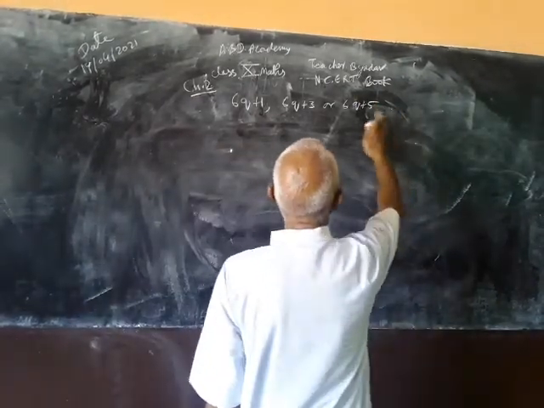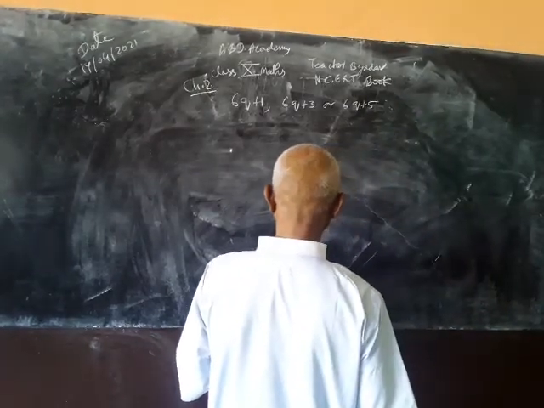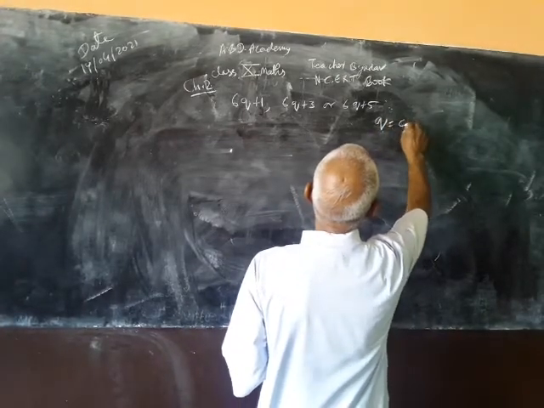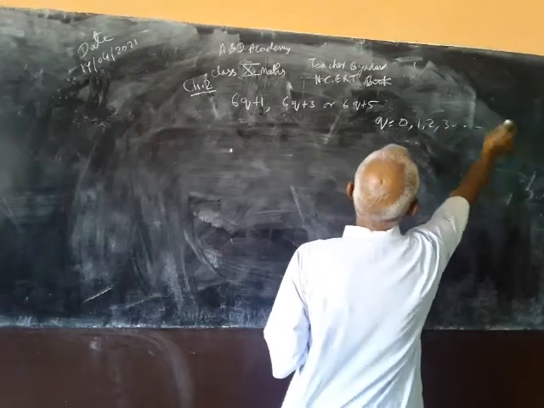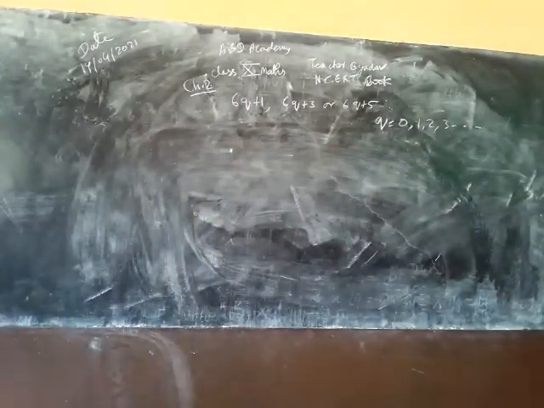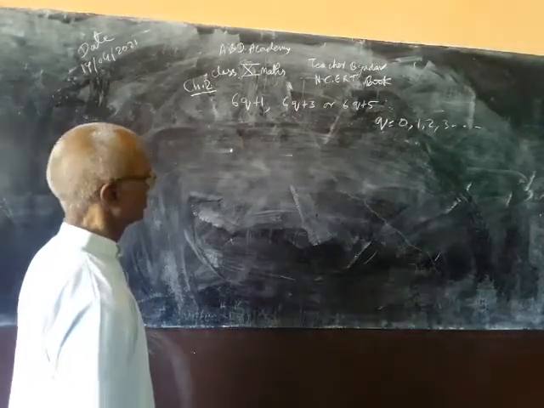It may be 0, 1, 2, 3, or any number. A general number can also be taken, but I am taking examples 1, 2, 3.